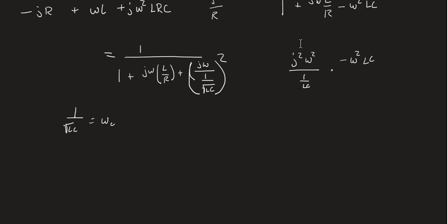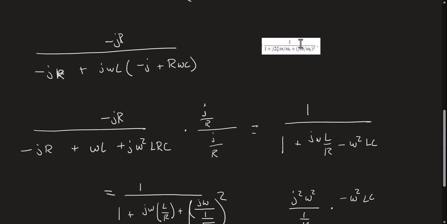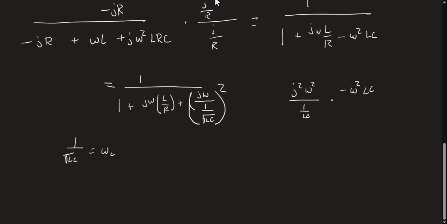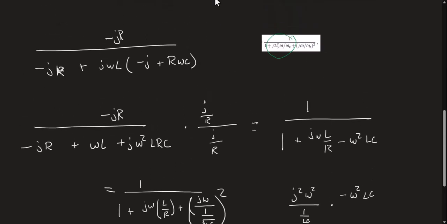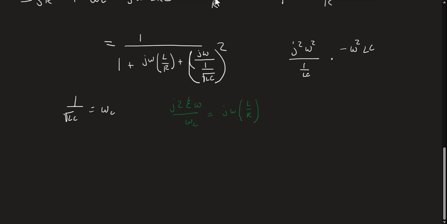We also know that this part right here, j 2 zeta omega over omega c, has to equal j omega times L over R. So we know that omega c is 1 over the square root of LC.